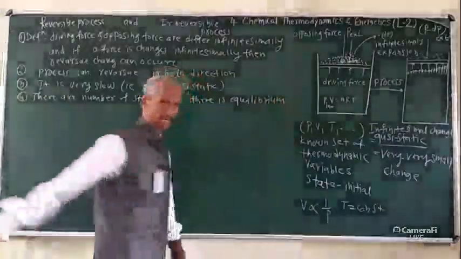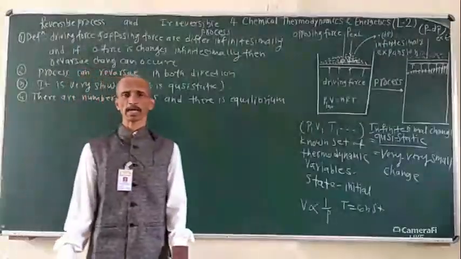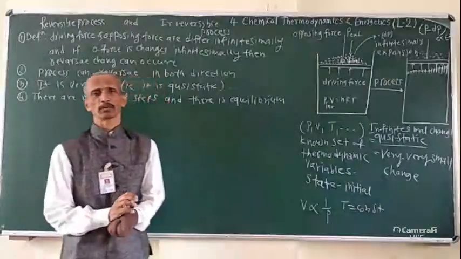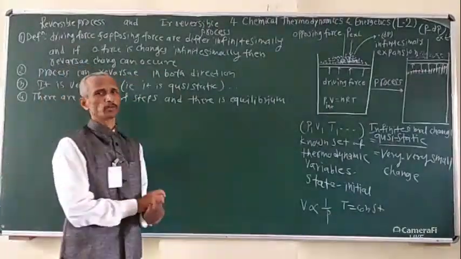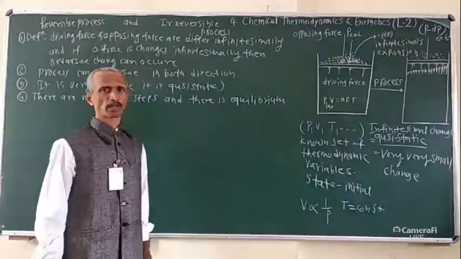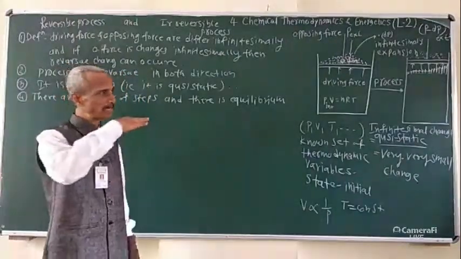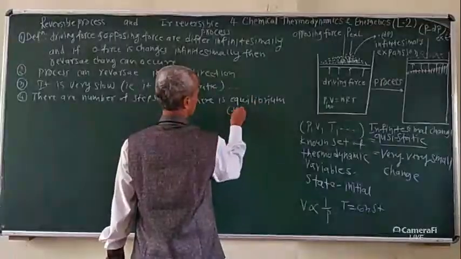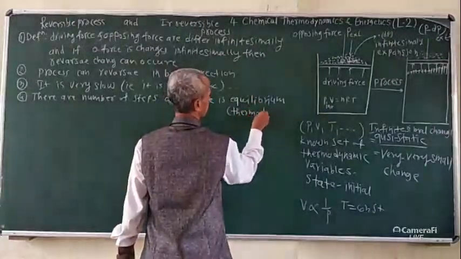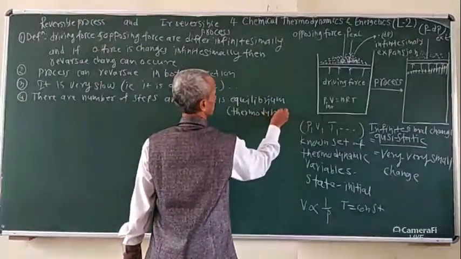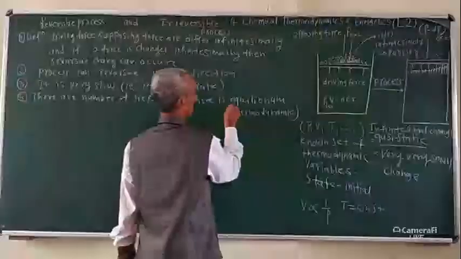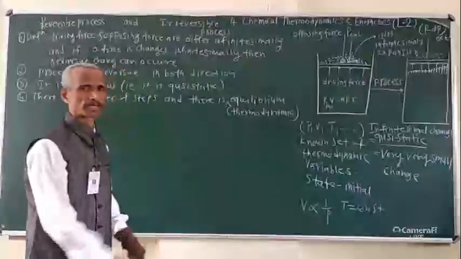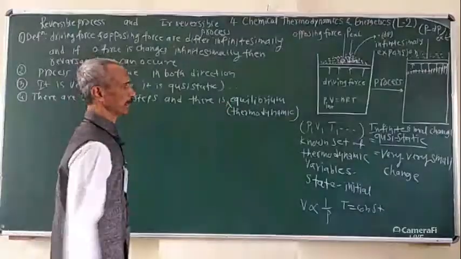What types of equilibrium are there? Of course, thermodynamic equilibrium, mechanical equilibrium, and chemical equilibrium. In thermal equilibrium, the temperature remains constant. That means there are three types: chemical, mechanical, and thermal.